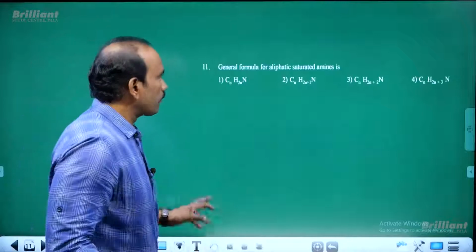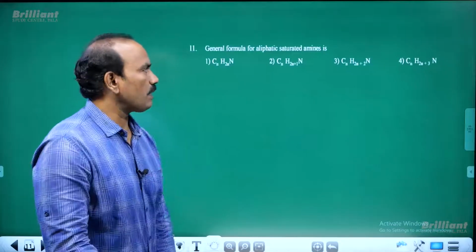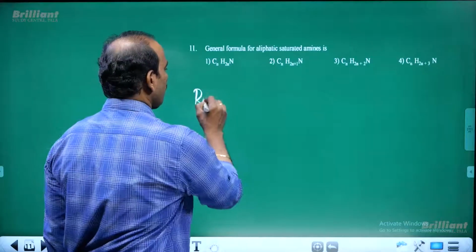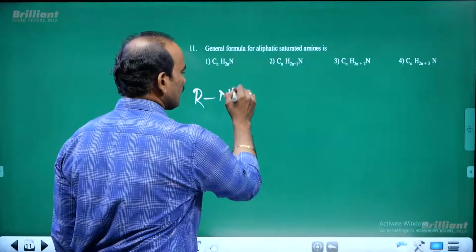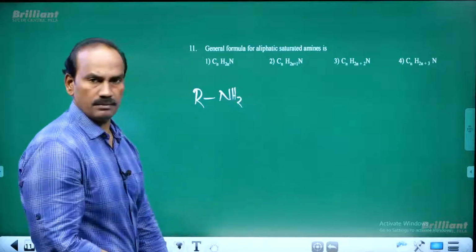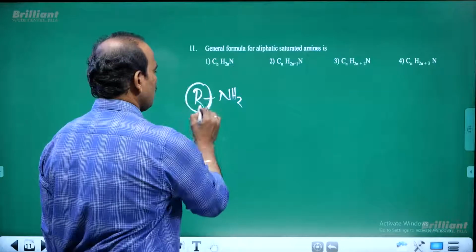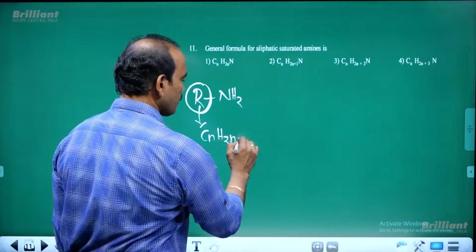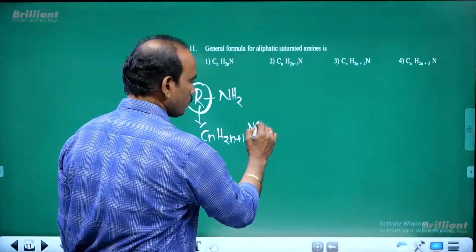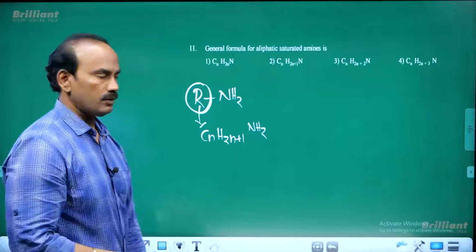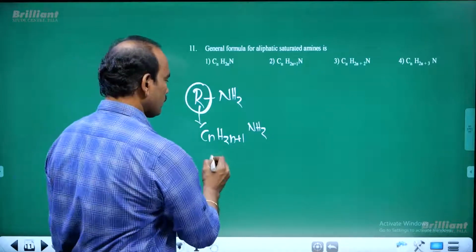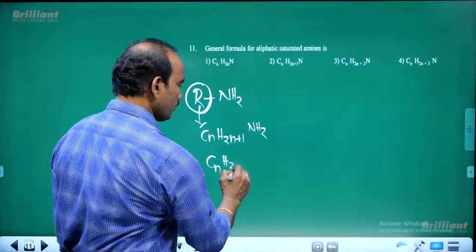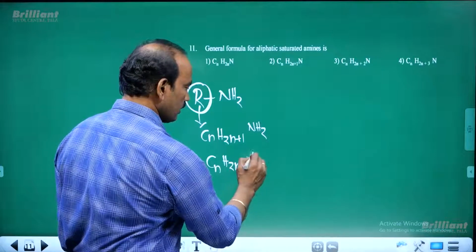Next one is the general formula of aliphatic saturated amines. What is the general formula? For an amine, primary, secondary, tertiary, any kind of amine, this is CnH2n plus 3N.